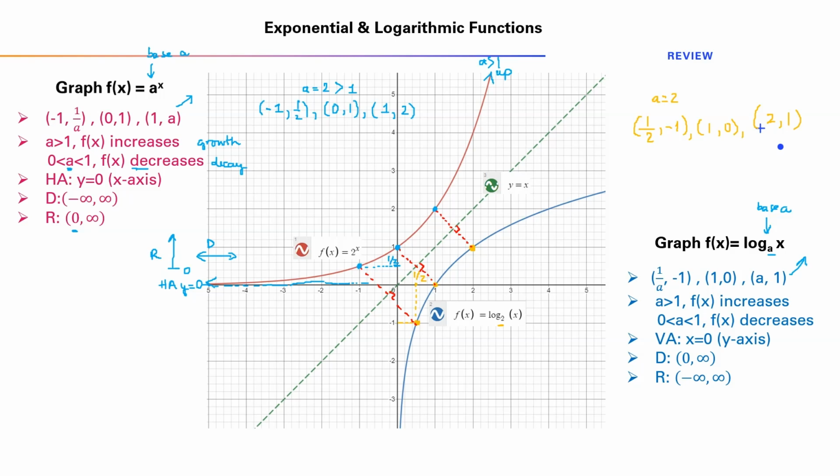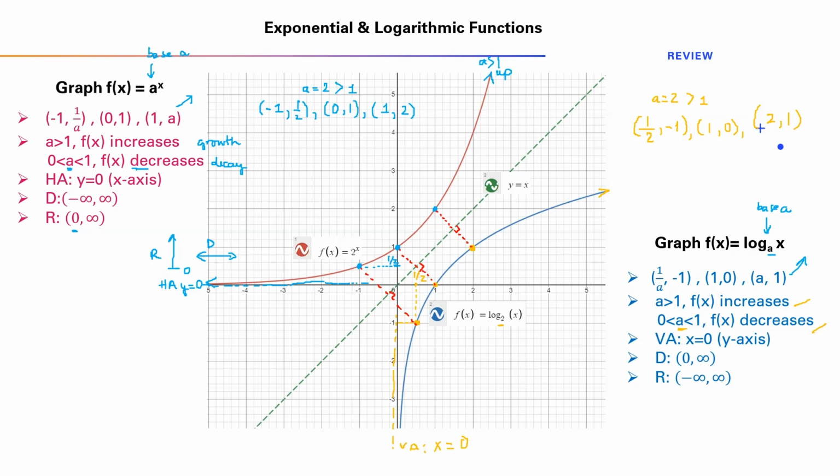Now we look at a equals 2, and that is greater than 1, so f of x increases. If a is greater than 0 and less than 1, f of x decreases. In this case, a is greater than 1, so f of x increases. We have the vertical asymptote at x equals 0, or the y-axis.